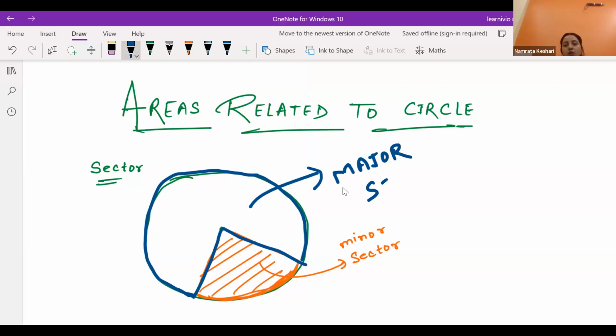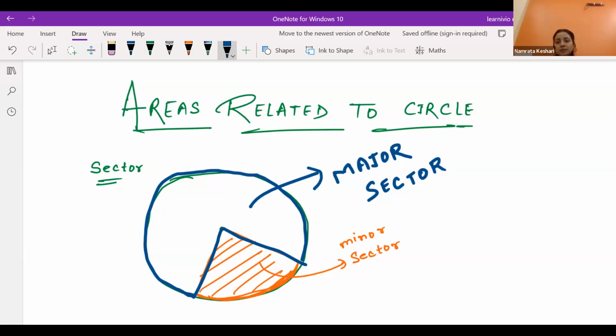Now, what is the formula for area of the circle? Two pi r. Area of the circle, 2 pi r is circumference, right?